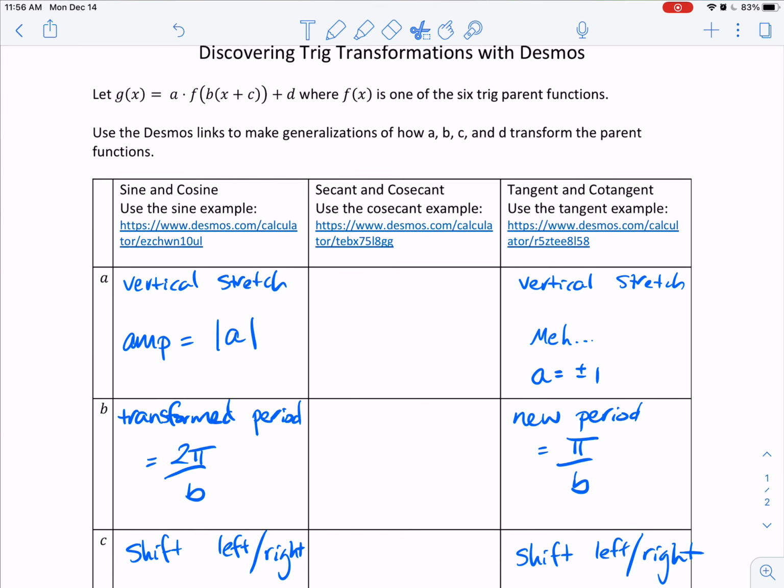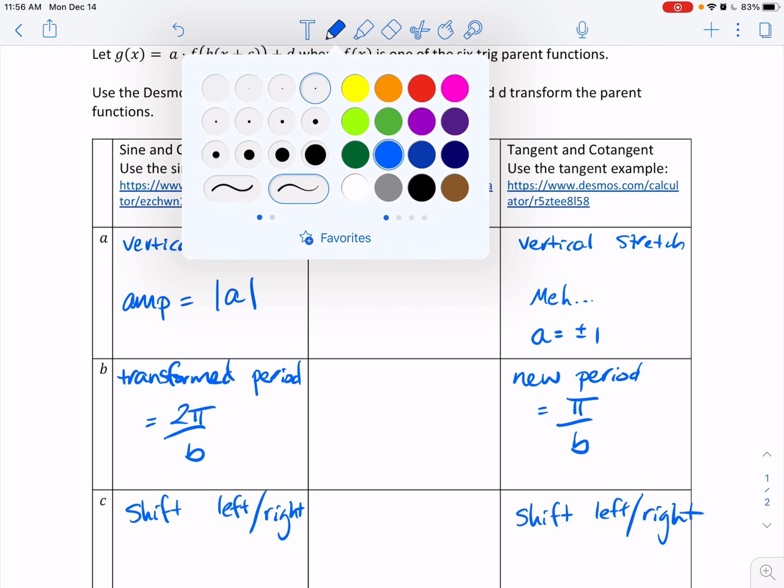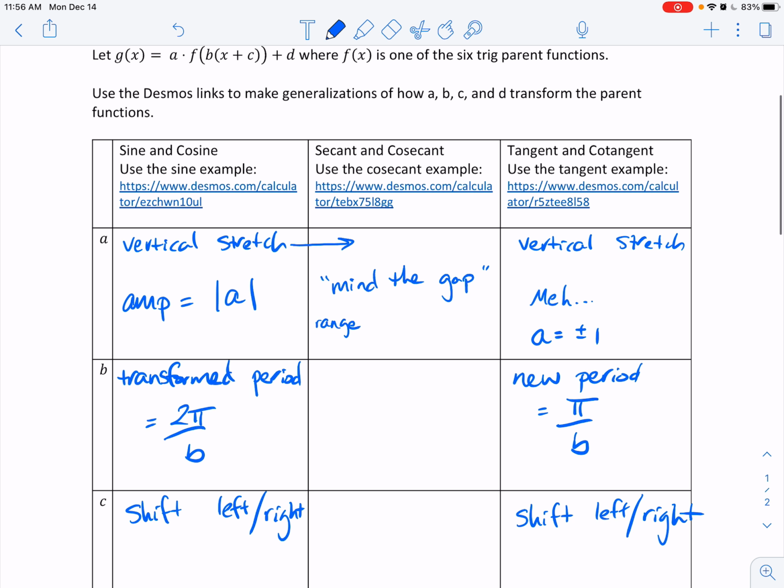Okay, so coming back here, this one is where we have to, it's still a vertical stretch. I'm too lazy to write it again, but this is where we have to mind the gap. And if we don't have any shifts up and down, then the range would go from negative infinity to negative a, and then we'd pick it up again from a to infinity.